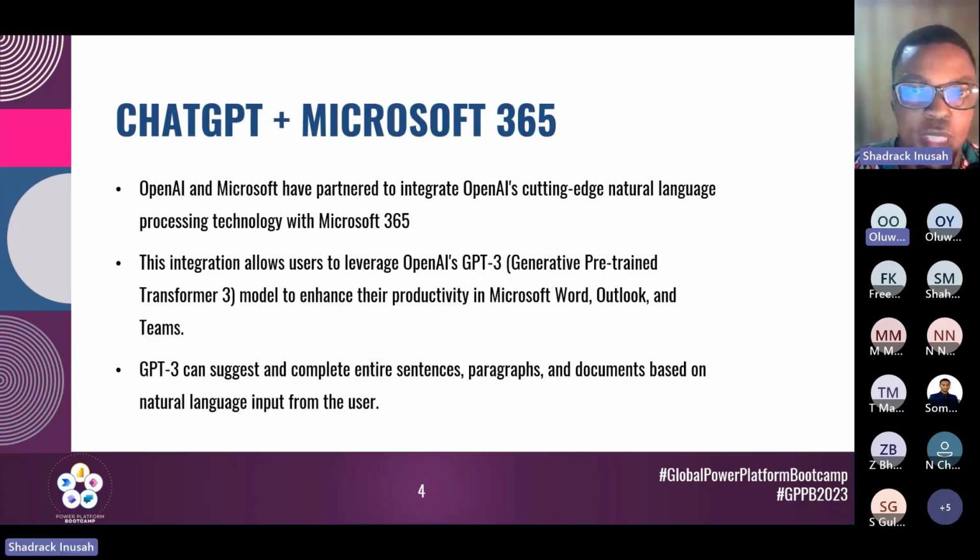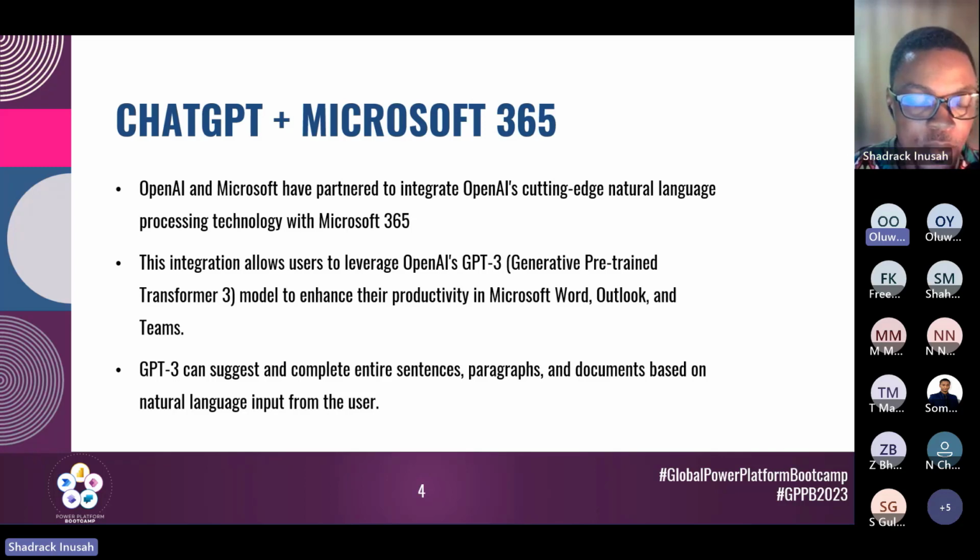All right, so ChatGPT plus Microsoft 365, as I mentioned earlier on. OpenAI and Microsoft have partnered to integrate OpenAI's cutting-edge natural language processing technology with Microsoft 365, as I mentioned earlier on. This integration allows users to leverage OpenAI's GPT-3, that's the Generative Pre-trained Transformer 3 model, to enhance their productivity in Microsoft Word, Outlook, and Teams.